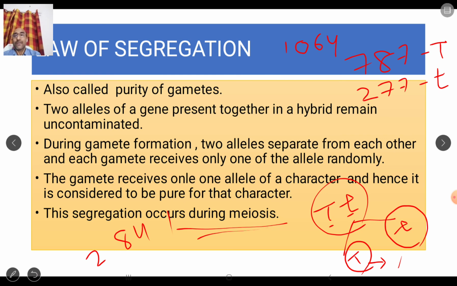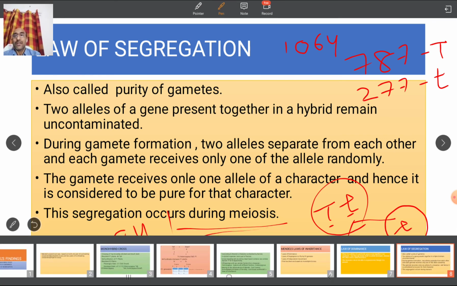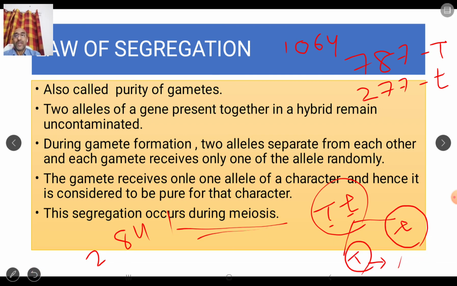The symbol is not coming, so I think you would be able to understand 2.84 is to 1. That means approximately 3 is to 1.